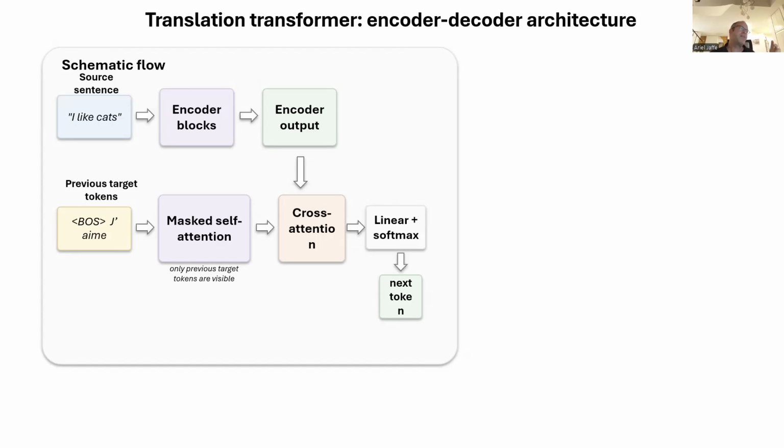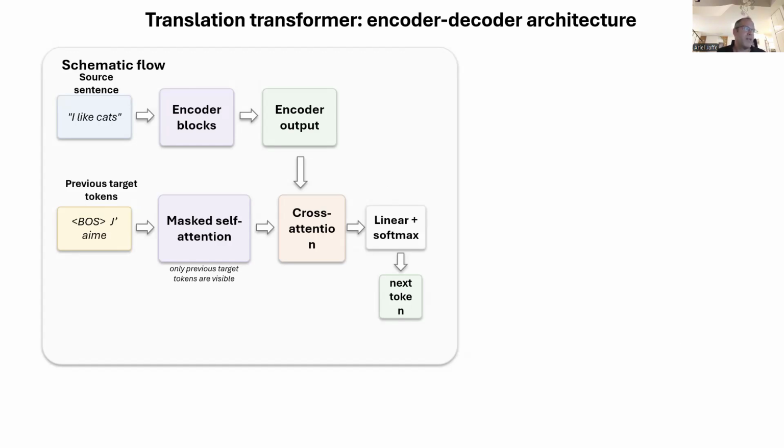The middle is a block that we haven't presented yet. It's called cross-attention. It operates similarly to the attention mechanism, but between pairs where one element is from the output of the English encoder, and the other is from the masked self-attention. It is very similar to the original attention, but operates between the two.